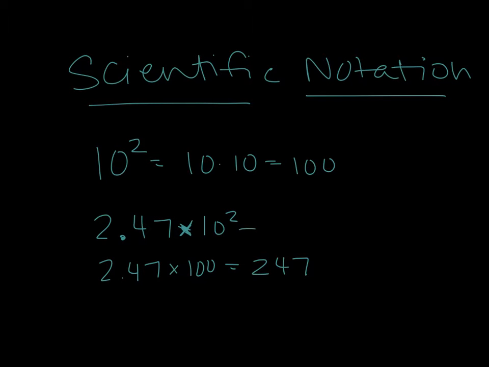So these two numbers right here mean the exact same thing. So basically the quick way, if I have 2.47 times 10 squared and I want to express it in regular notation, I would just move this decimal place over 2 places because I have an exponent of 2. And so if I move it over 2 places, 247, right?